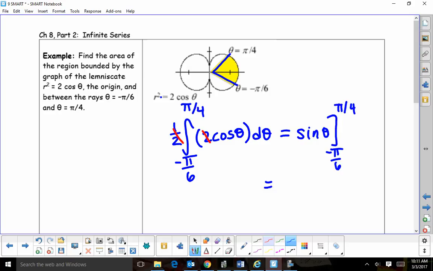Sine of pi over 4 is radical 2 over 2, minus sine of negative pi over 6, which is negative 1/2, which becomes radical 2 plus 1 over 2.